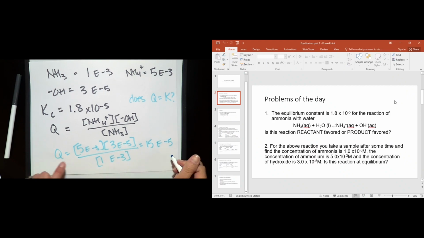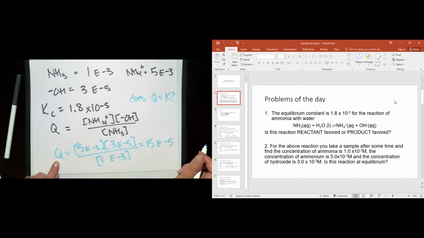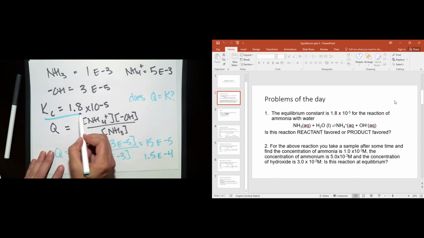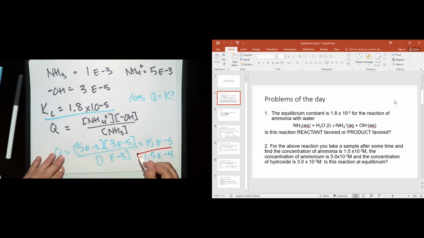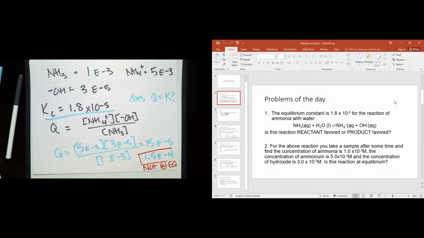So the numerical value for Q is 1.5 times 10 to the minus 4. Does that equal 1.8 times 10 to the minus 5? No, it does not. So, no, it's not at equilibrium. Because when I plug in the numbers into my K expression, I do not get that numerical value for K.